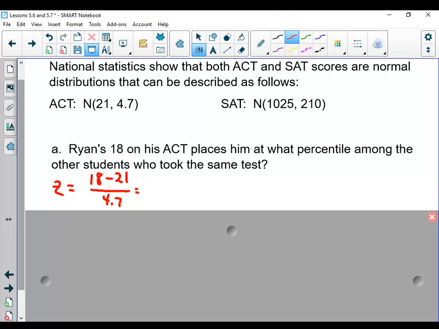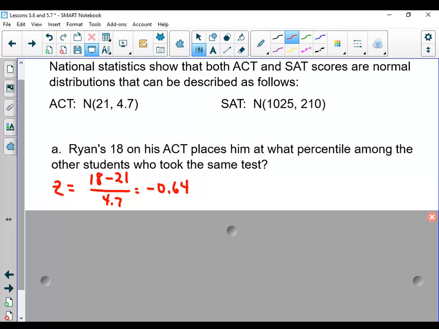So this one will have a negative z-score, which is fine. It comes out to be a negative 0.64. Now remember, that's the z-score, not the percentile. So we're going to try to find what his percentile is.